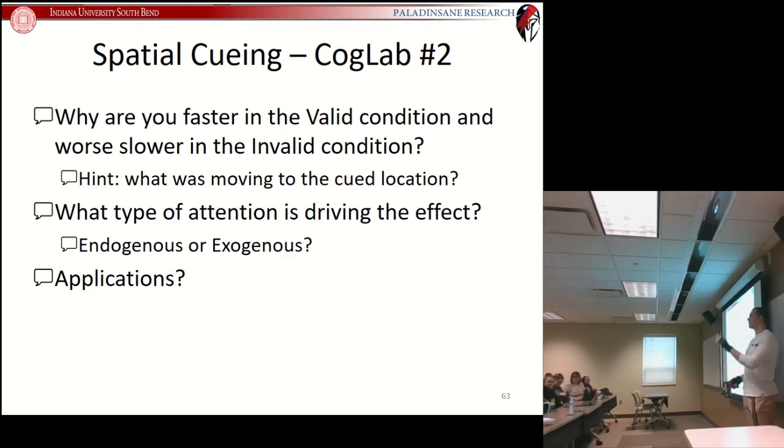So the driving force in the neutral condition, when you find that red square, that would be exogenous. When the red square pops up, that's an exogenous grabbing of your attention. But the line itself doesn't carry any sort of stimulus that grabs your attention, and it also doesn't have a goal attached to it. Any other questions?